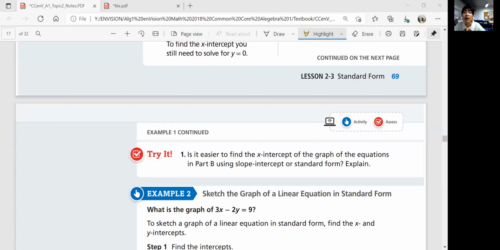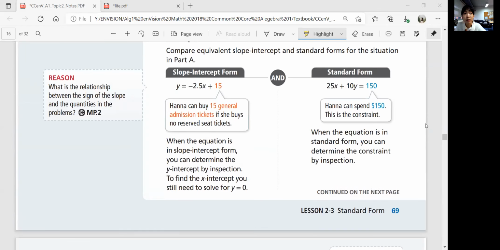Yes, it's easier to find the x-intercept for the graph of the equations in part B by using the standard form, our lesson's protagonist, because you can substitute 0 for y and solve for x, right? That's pretty easy for a standard form.